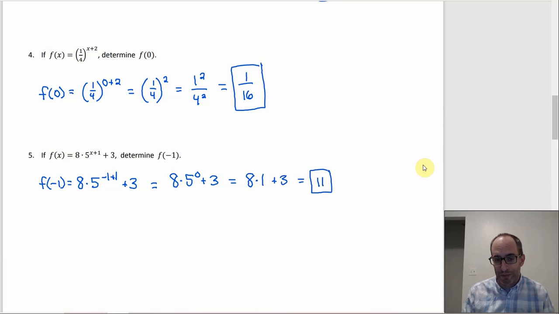All right. So the thing that happens in number 5, where when we subbed in the -1, that gave us a 0 in the exponent, and when we get to the graphs, using the x value that gives you a 0 in the exponent, that's a really good move. Basically, that'll kind of center the thing that you're graphing.